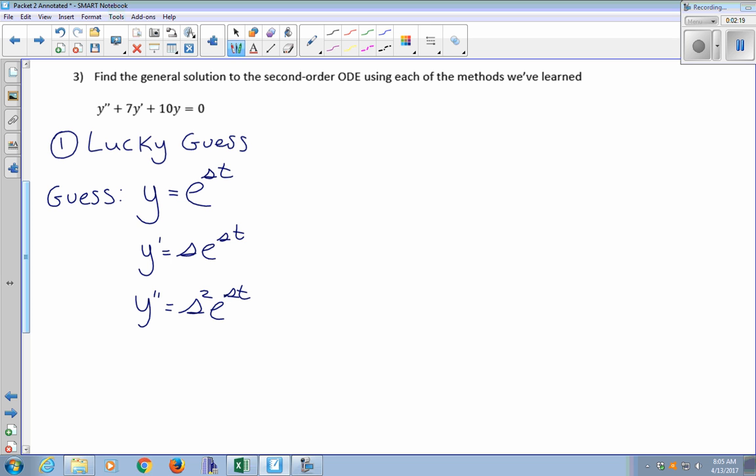Then you take your y' and your y'' and plug into your differential equation and solve for s. Figure out what s will make that an accurate guess. So y'' is s² e^(st) plus 7y', so that's 7s e^(st), plus 10y, 10 e^(st), equals 0.